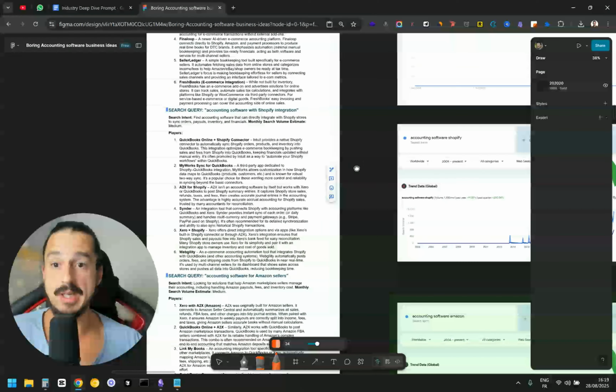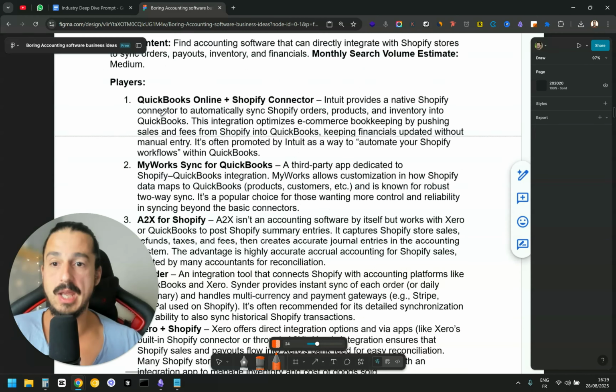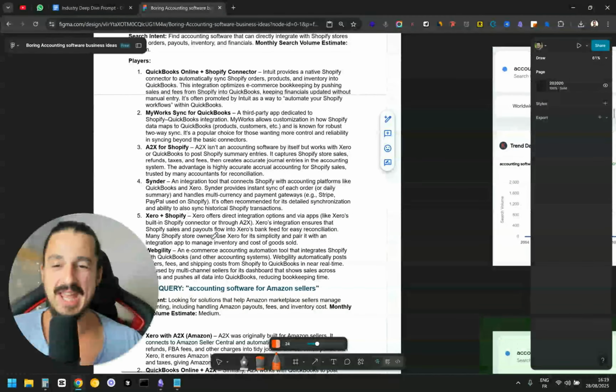If we look into what it says here, accounting software with Shopify: find accounting software that can directly integrate with Shopify stores to sync orders, payouts, inventory, and financials. Monthly search volume estimate measure. We have QuickBooks, MyWorks for QuickBooks, A2X, Synder, Xero, and Webgility. I don't know how to say that.